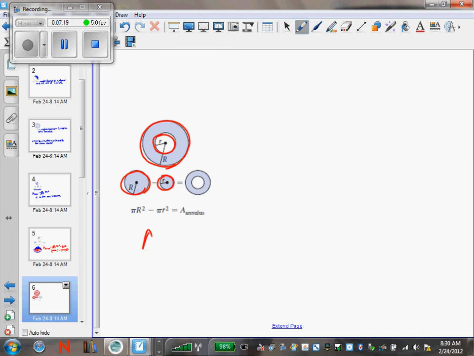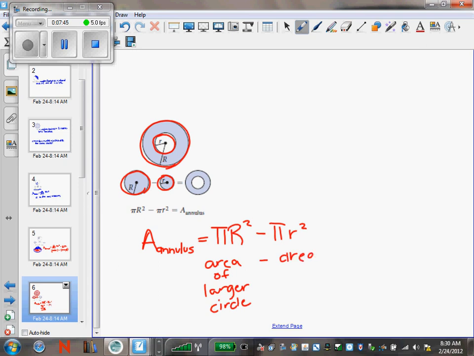Make sure you're getting these formulas into your notes. Area of the big circle minus area of the little circle. I denote the big circle with big R, radius R. So this is area of the larger circle minus area of the smaller circle, which will give you the area of the annulus.